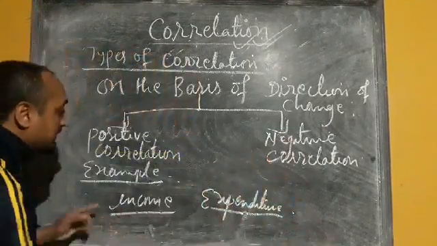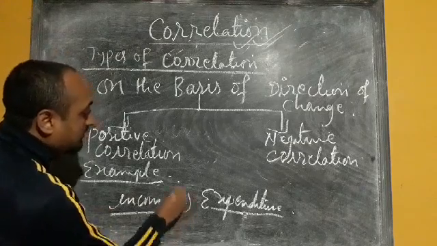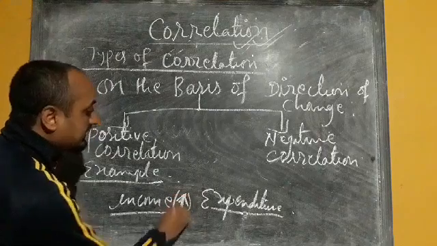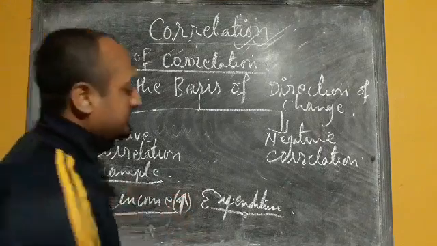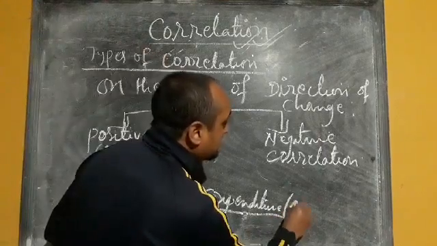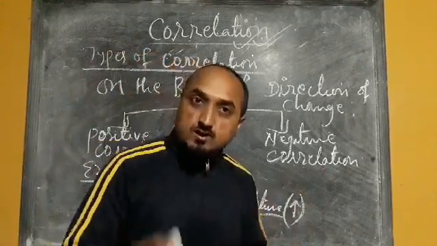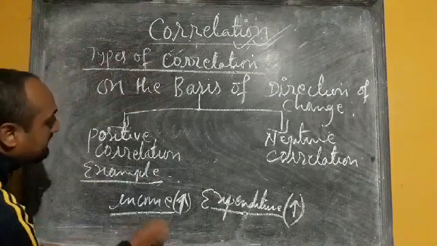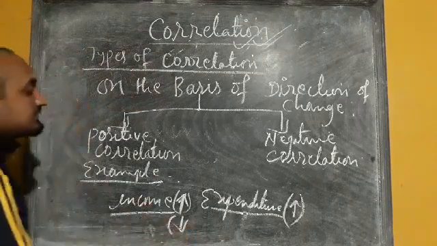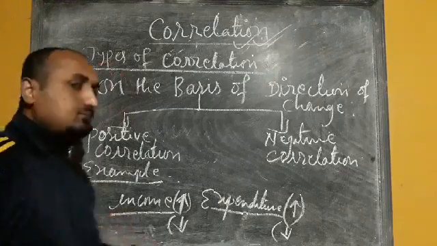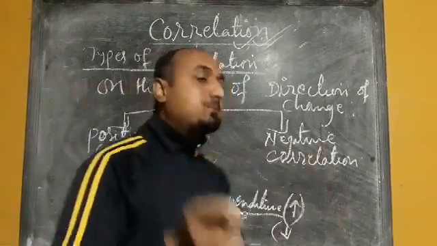Now we can see that when income increases, this upward arrow shows the increase in income, the expenditure will also increase. Similarly, if income decreases, expenditure will also decrease. So the two variables are moving in the same direction.